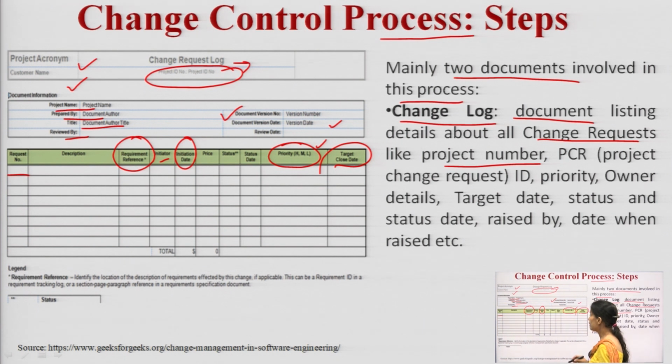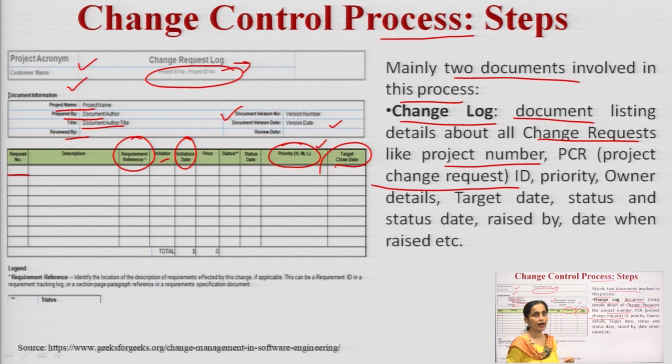The requirement reference means here I am identifying the location of the description of the requirements that will be affected by this change. There can be requirement IDs for different requirements if there are multiple requirement changes in a single document, in a single software. Here I am maintaining the log as per my project number, and the project change request ID is being kept.